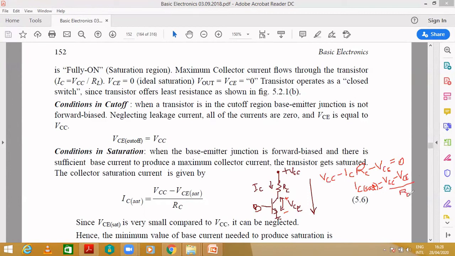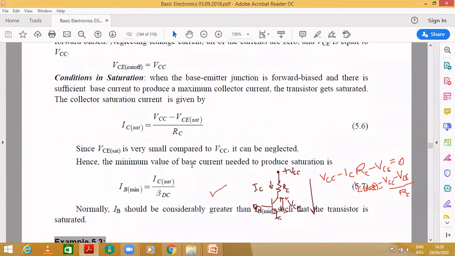This is the equation we got, for IC saturation.